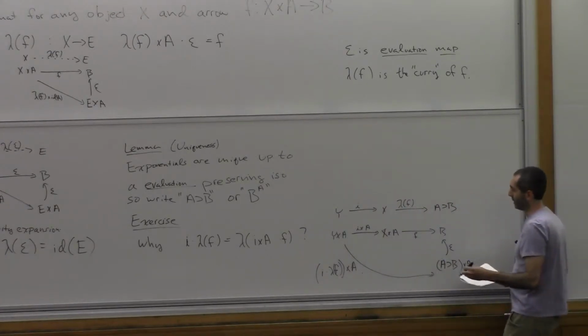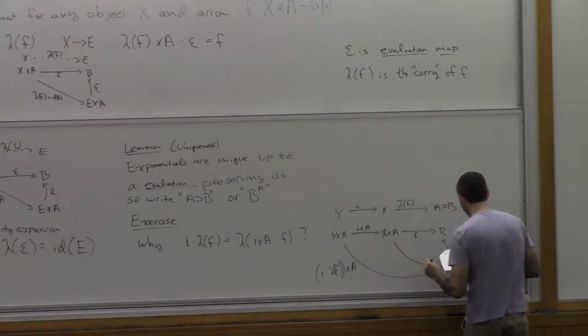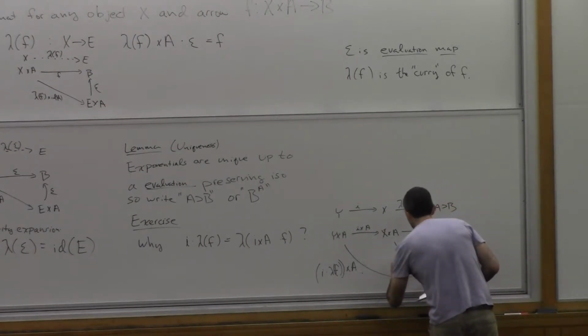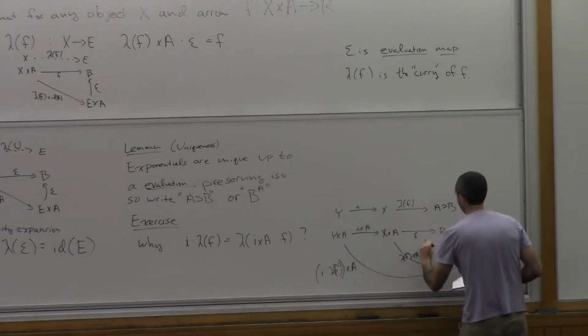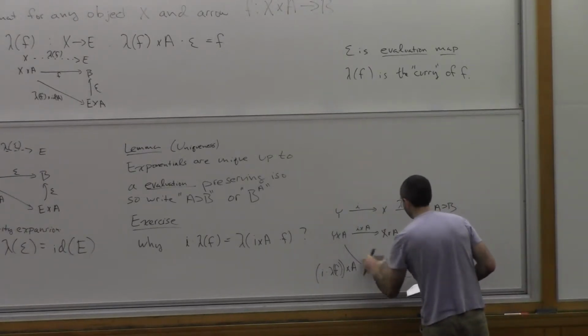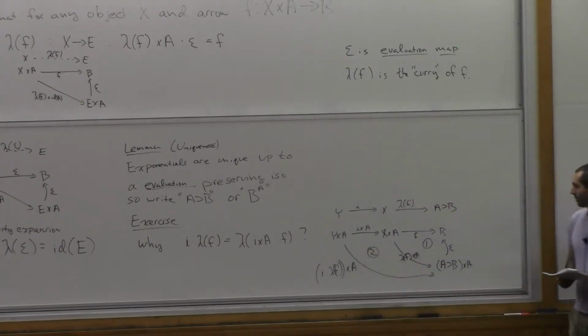Okay, and now I'll give you a hint. What do we know? We know we can subdivide this triangle into here. I'll label it like this. And now we have two problems. Problem one, and problem two.